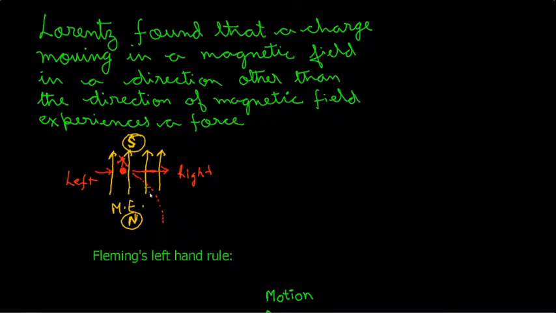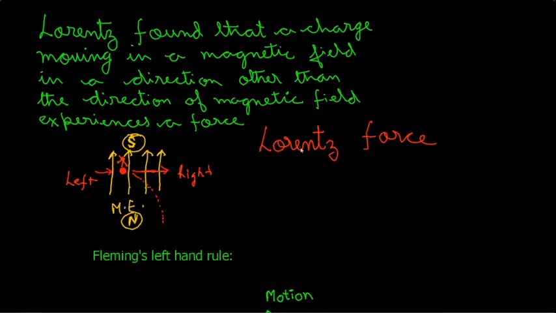It was moving horizontally on the page and the magnetic field was vertically on the page, and when it passed through the magnetic field, then it came out of the page. So these forces which are experienced by a charge moving in a magnetic field in a direction other than the direction of the magnetic field are known as Lorentz forces.